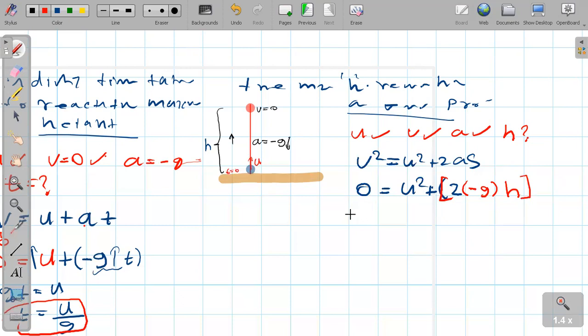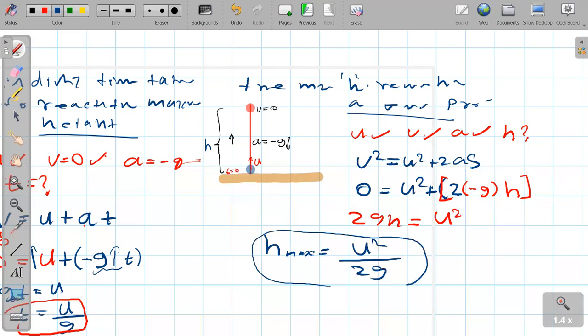So 2gh equals u squared. What is my maximum height? h max equals u squared over 2g. This is something you have to remember.